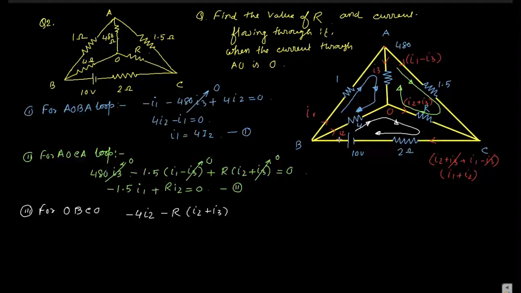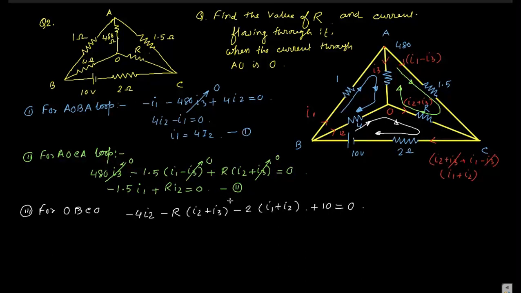Here the direction of the current and the direction of the path are the same, minus 2 into (I1 plus I2). And here plus 10, as the path is from negative to positive, so there is a potential gain, is equal to 0.